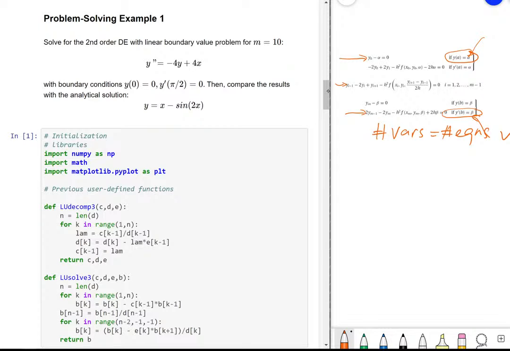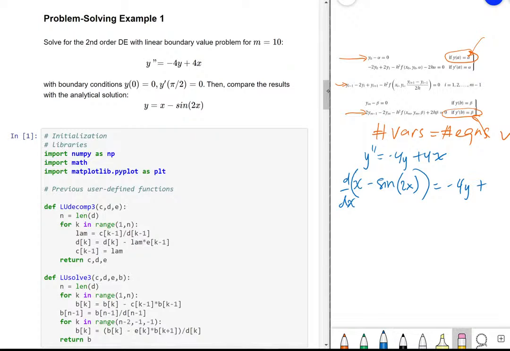Actually, if you replace y in y double prime equals negative 4y plus 4x with x minus sine 2x, then take the second derivative of it, and negative 4y plus 4x, y becomes x minus sine 2x and then plus 4x.